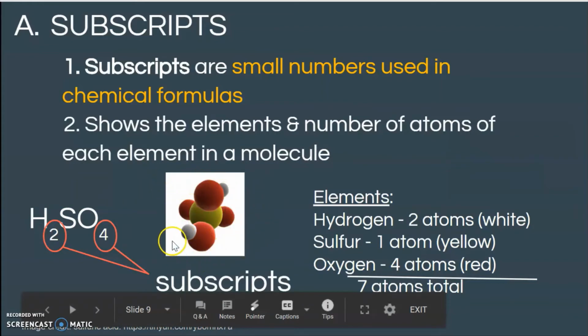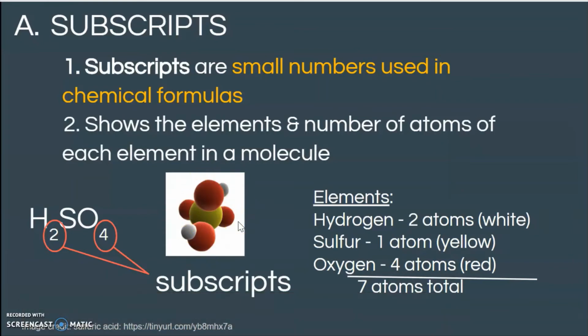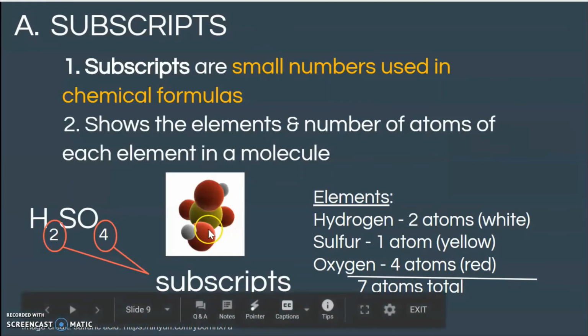Now, this creates a molecule or a compound. And remember, it's chemically combined, so we can't just go breaking it up for no reason. It has to stay together unless a chemical change happens. So we can never change the subscripts when we are balancing equations. We'll get into that later.